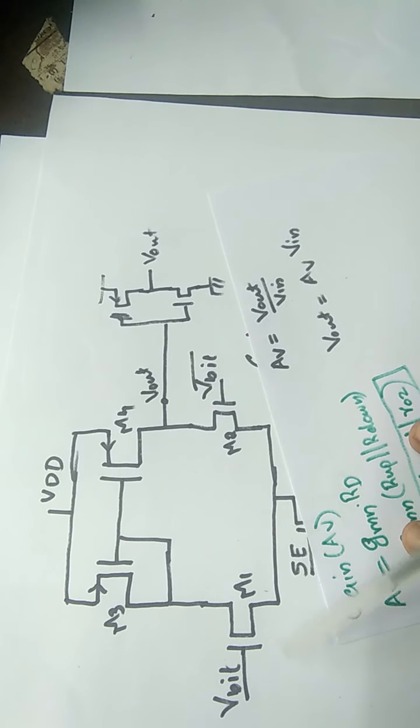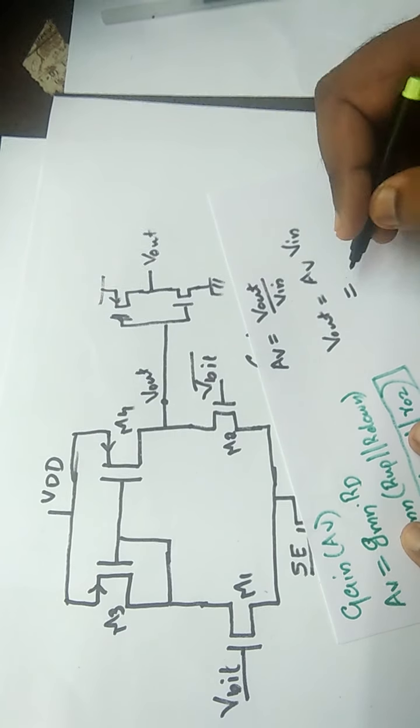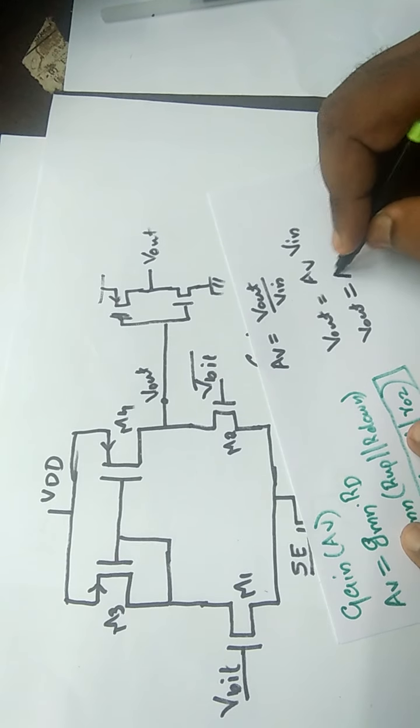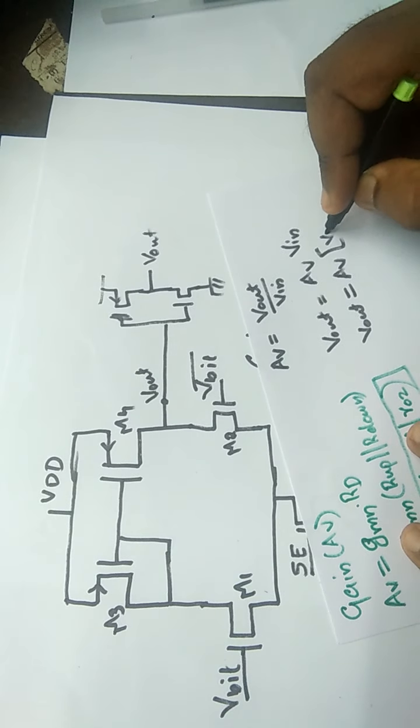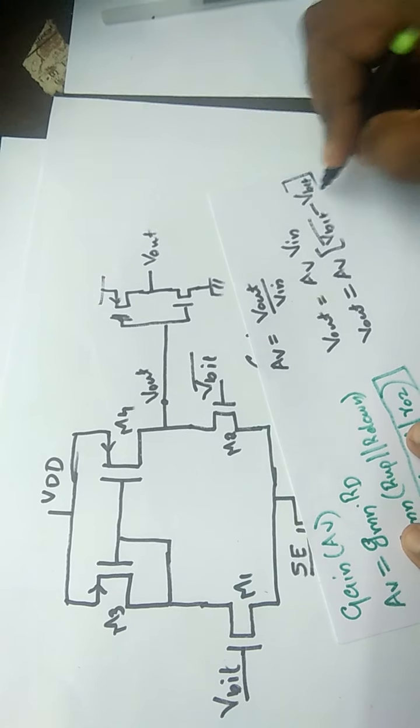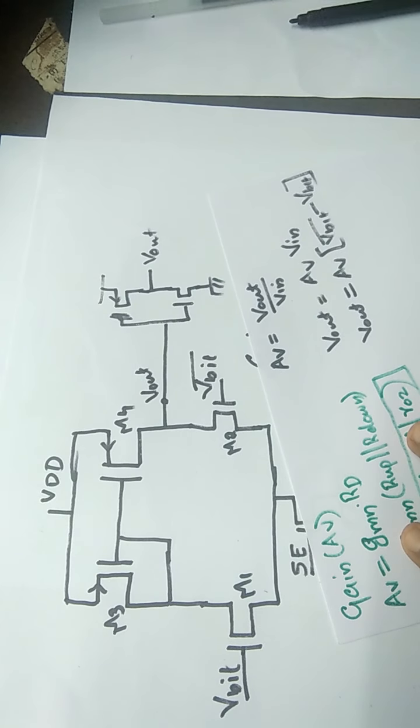So V in will obviously be the difference of input voltage between the first transistor and the second transistor. So V out will be equal to AV into V bit bar minus V bit. So this will be your output.